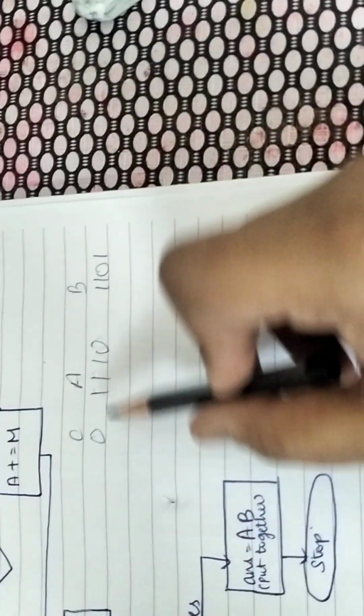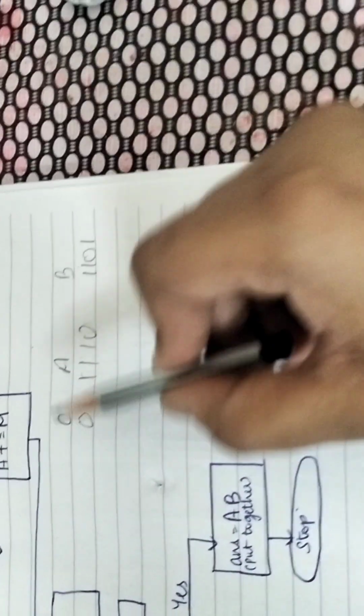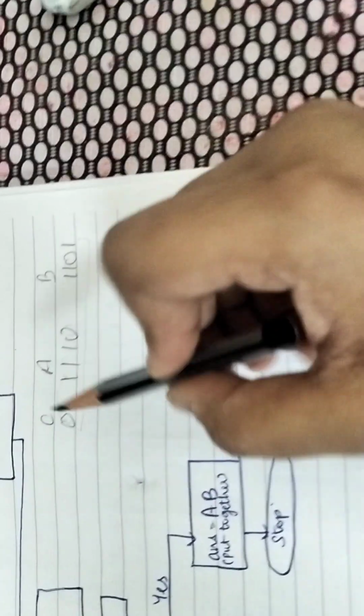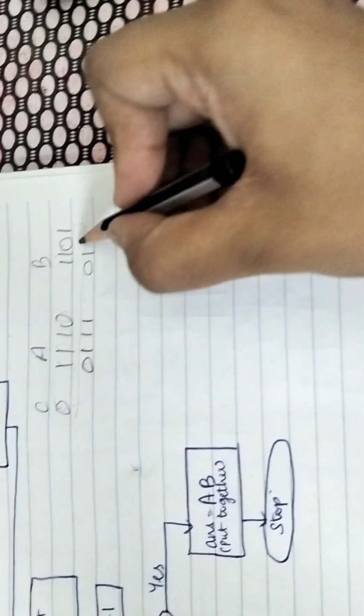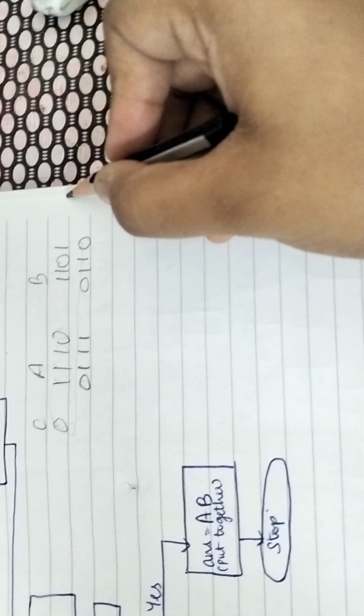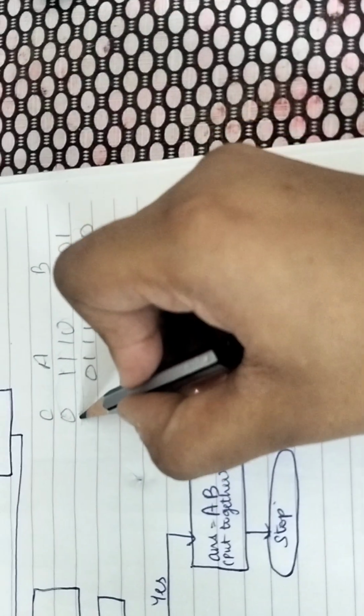When I say right shift CAB, it means that every digit in this sequence moves one position to the right. So this 0 comes here, 1110, 110, this 1 is lost, and the blank space on the left is always filled with a 0. That is what we mean by right shift CAB.